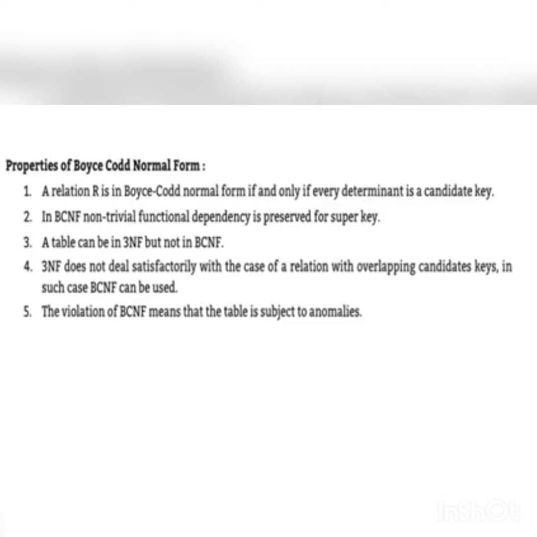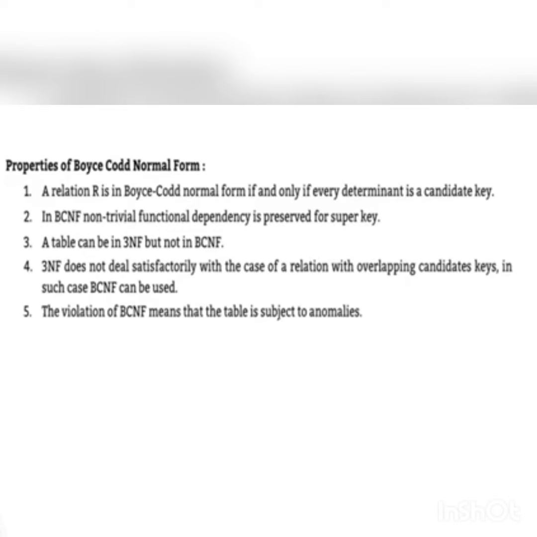And now the last point of BCNF is the properties of Boyce-Codd normal form. What are the different properties of Boyce-Codd normal form? The first one is a relation R is in Boyce-Codd normal form if and only if every determinant is a candidate key. The second property is that in BCNF, non-trivial functional dependency is preserved for super key.